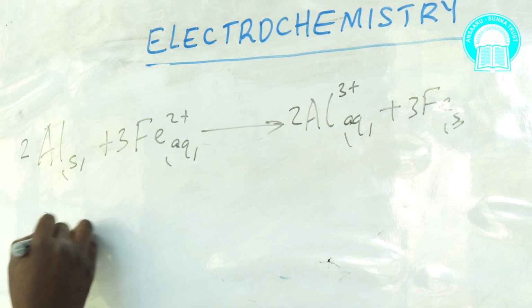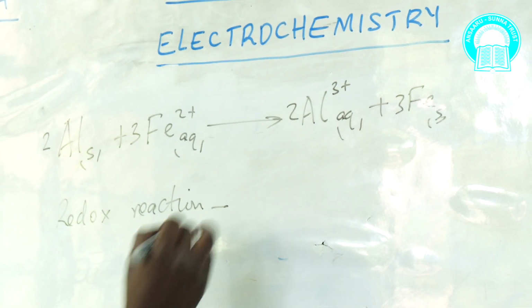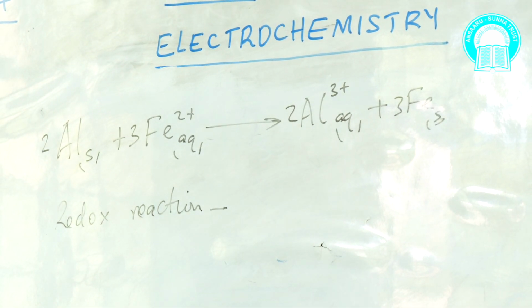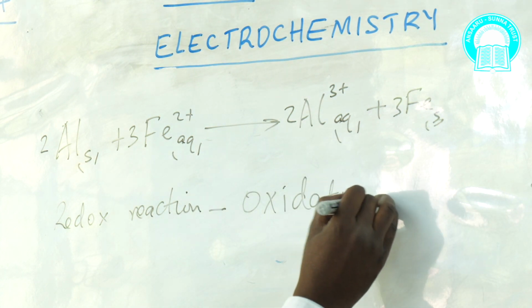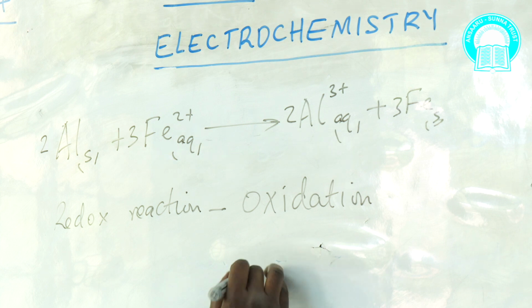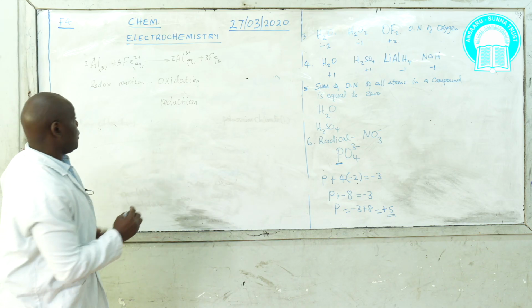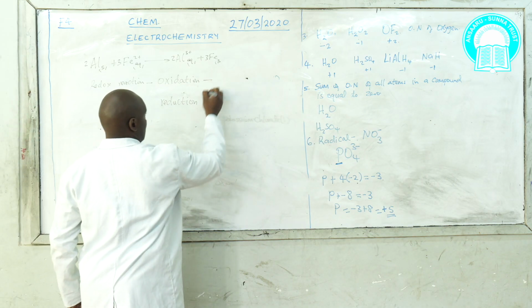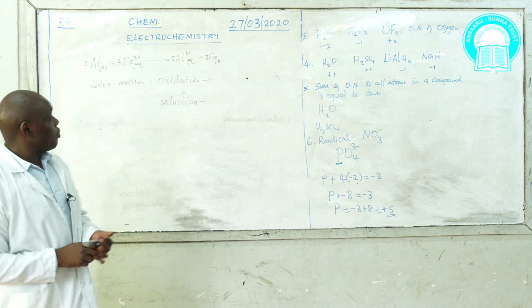In a redox reaction, we have said that there is oxidation and there is reduction. In any redox reaction, there is oxidation and reduction. And as such, we can go further and analyze that redox reaction.